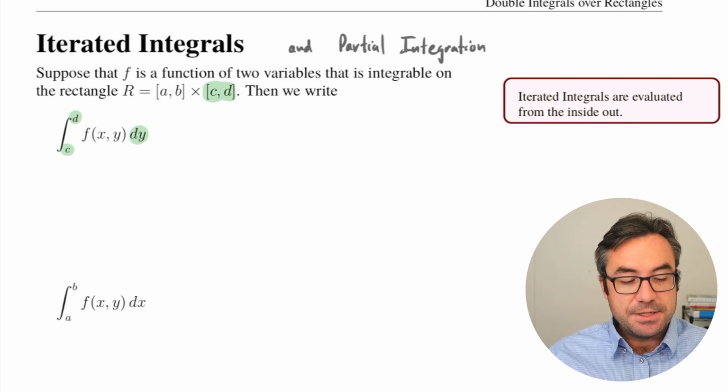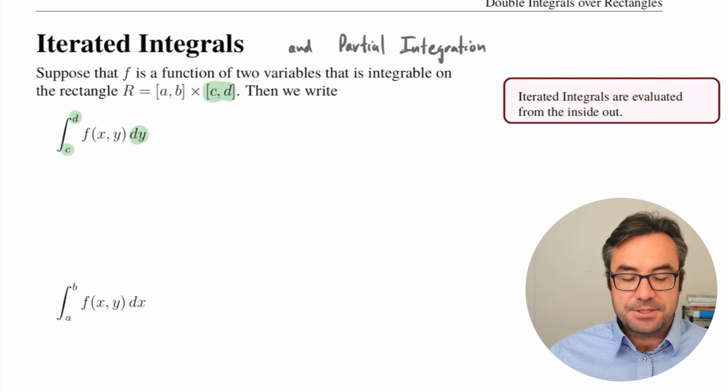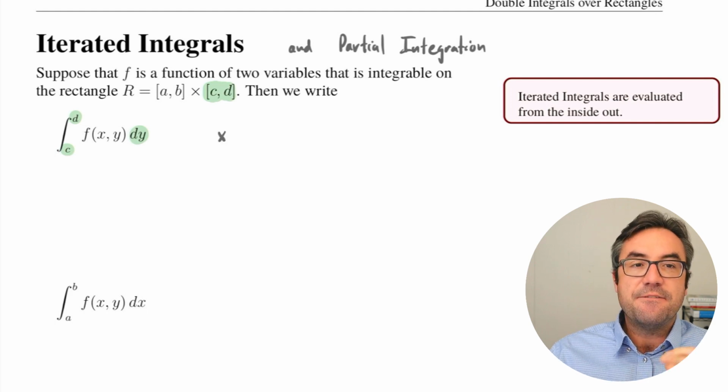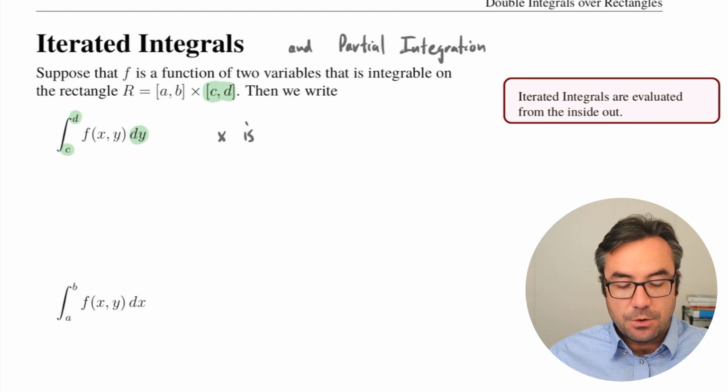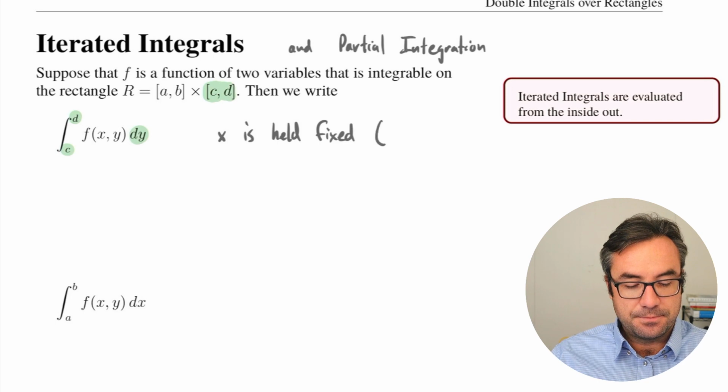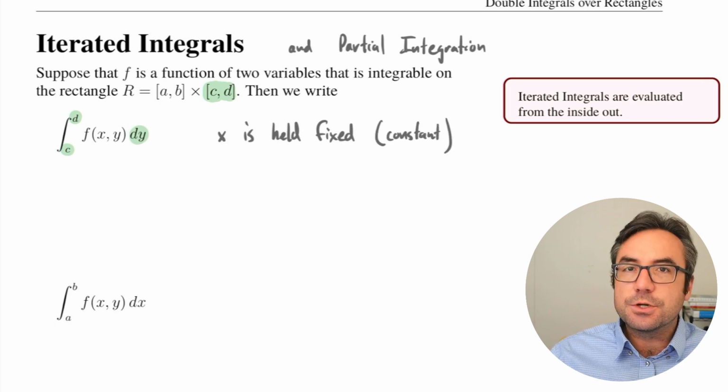So what this means is we're going to keep x fixed. Any x's that we see in our function, we're going to treat as a constant. So think of x as a constant, and then we're just going to do the antiderivative of the y terms like usual.